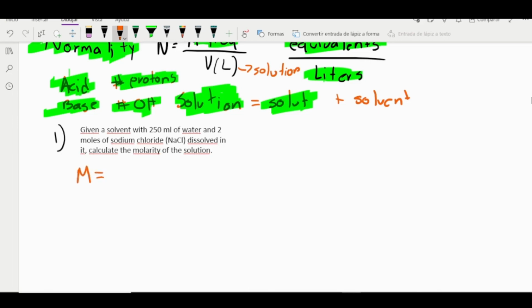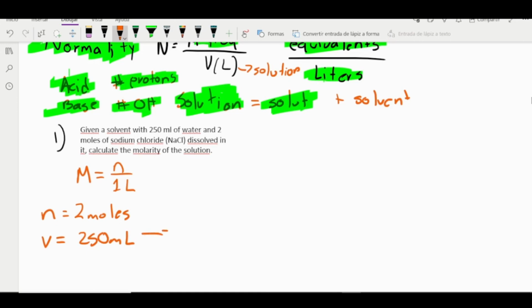The formula of the molarity is moles divided by 1 liter. So we need to find the moles. In this case, we have 2 moles. And the volume is going to be 250 milliliters.